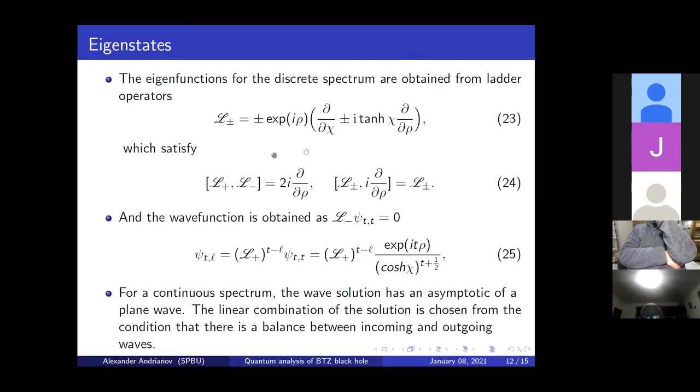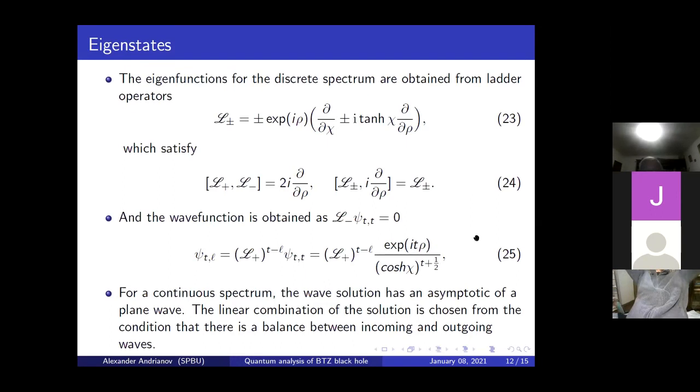Eigenfunctions for the discrete spectrum can be easily found from this algebra, actually. They are shown. For the continuum spectrum, the wave solution has the asymptotic of a plane wave.